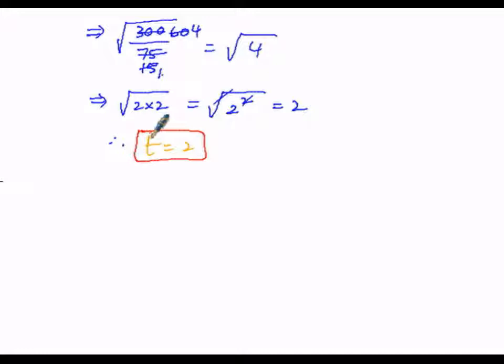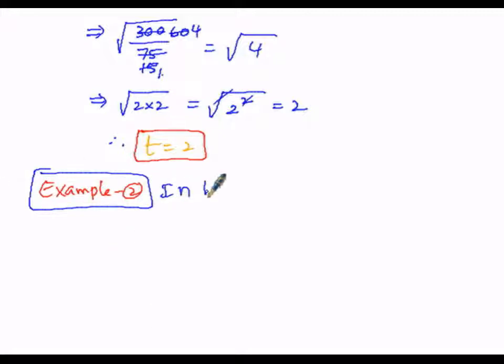Later let us go for one more example, that is example number 2. In this example, the formula is F equals 9 by 5 into C plus 32. F equals 9C by 5 plus 32 is the formula.